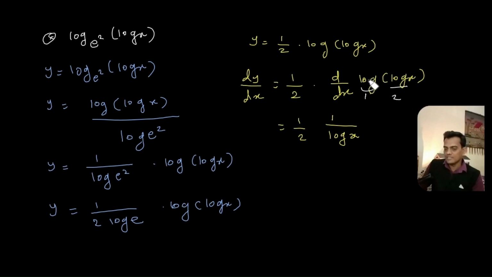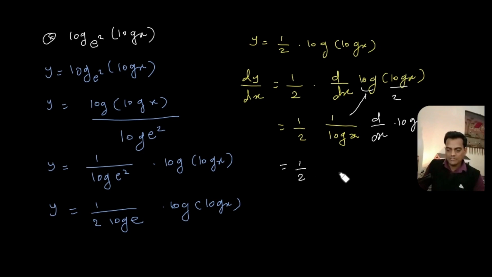The derivative of the first log is 1 upon whatever is inside the bracket, and then into the derivative of the inside term.